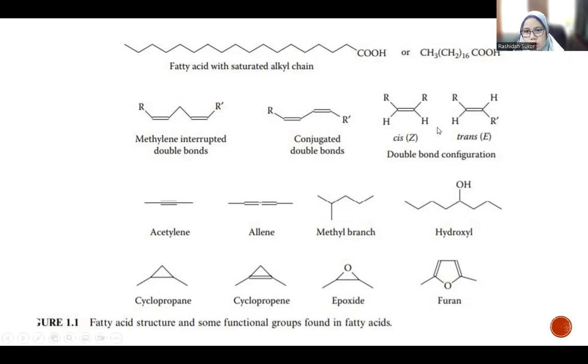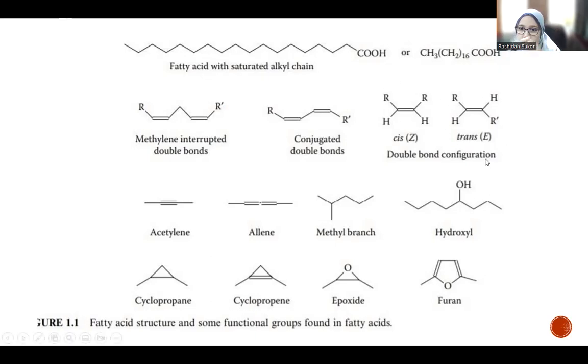Then cis and trans. For cis, the R groups are both located at the same position. If you see it in 2D, both are on the upper part or both on the lower part. But in 3D, both are at the back or both at the front. So it doesn't actually go up and down like this, that is only how you see it in 2D.